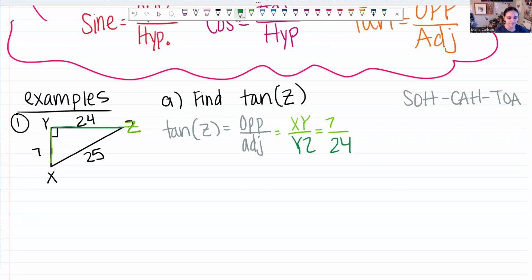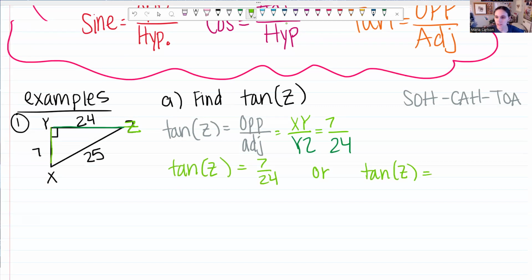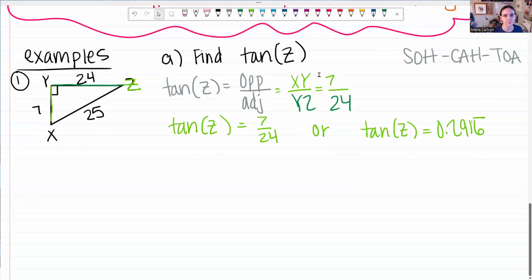I could say that tangent of Z is equal to 7 over 24, or as a decimal, 0.2916, and that 6 repeats. So either way works, but the ratio of the opposite over the adjacent for angle Z is 7 over 24.